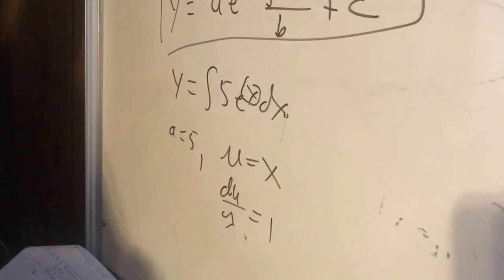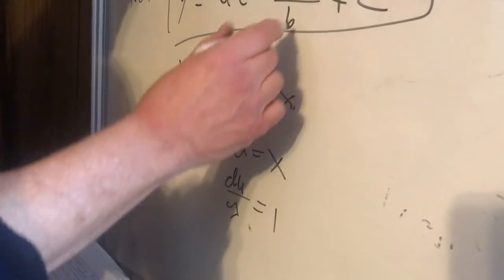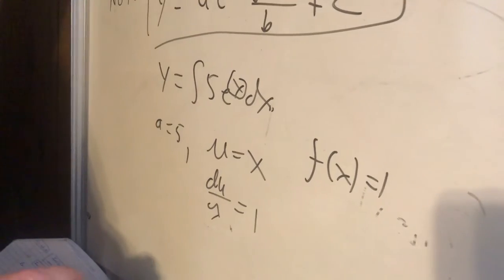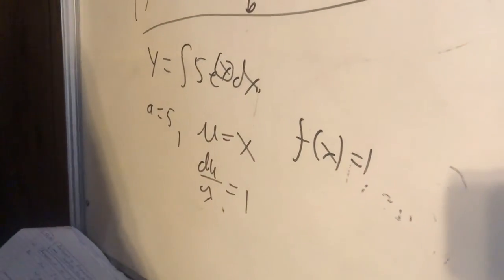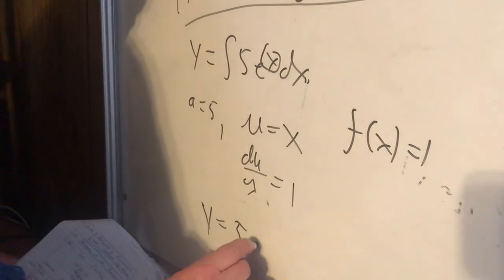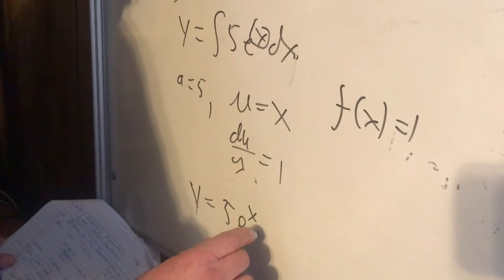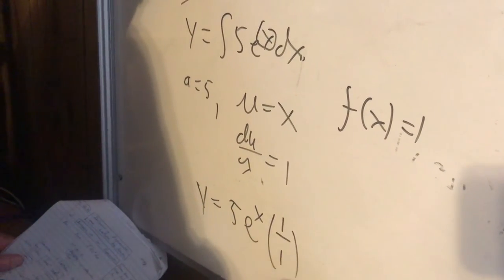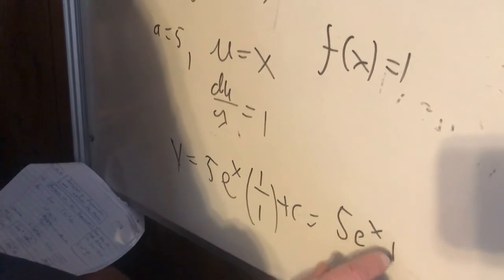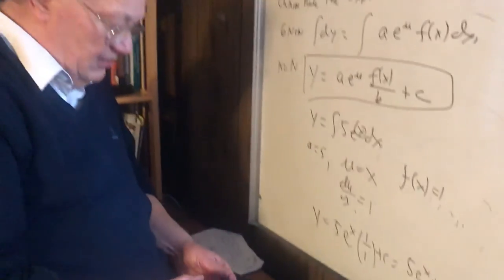And f of x, well, there's nothing there but a 1. So for this one, y would become 5 e to the u, which is x, times 1 over 1, plus c, or 5 e to the x plus c. And I believe that's it. Okay, see you next time.